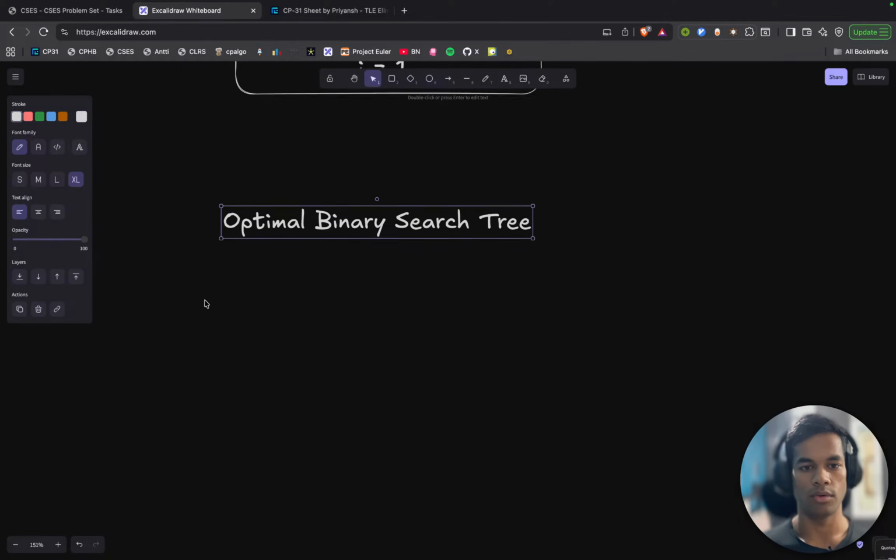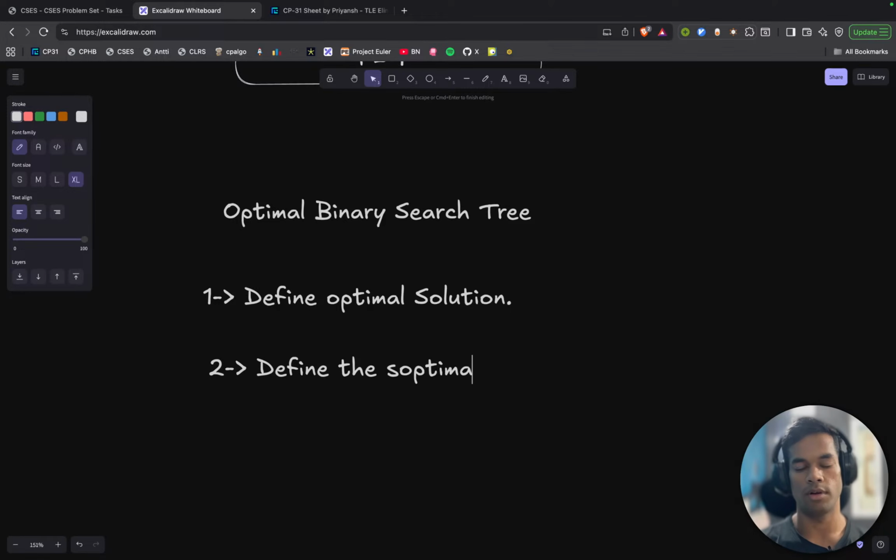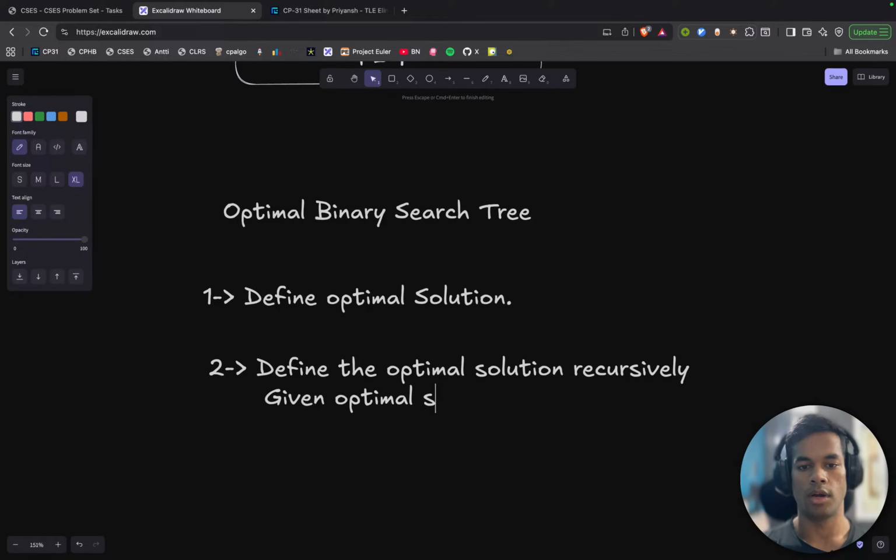Okay, and we know there are 4 general rules for solving a question using dynamic programming. First, define what the optimal solution looks like, and second, define the optimal solution recursively given optimal solutions to subproblems.